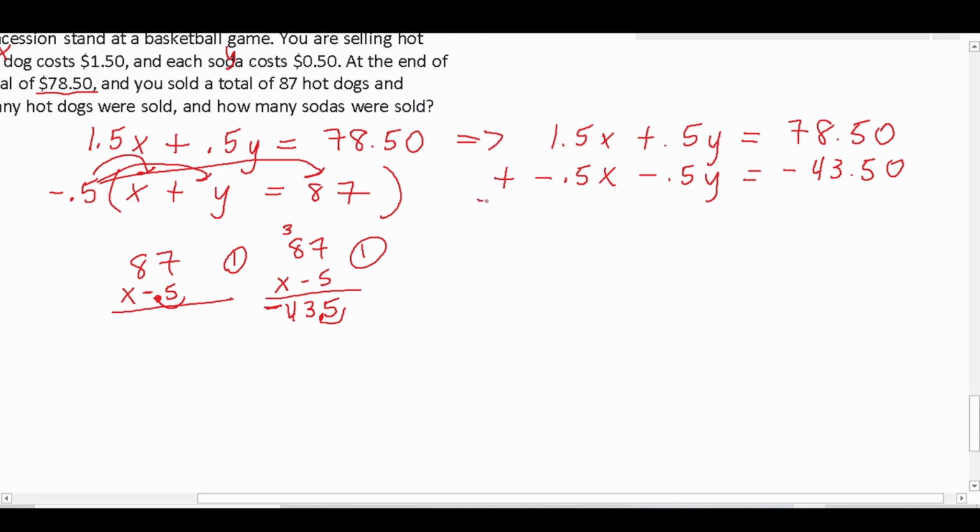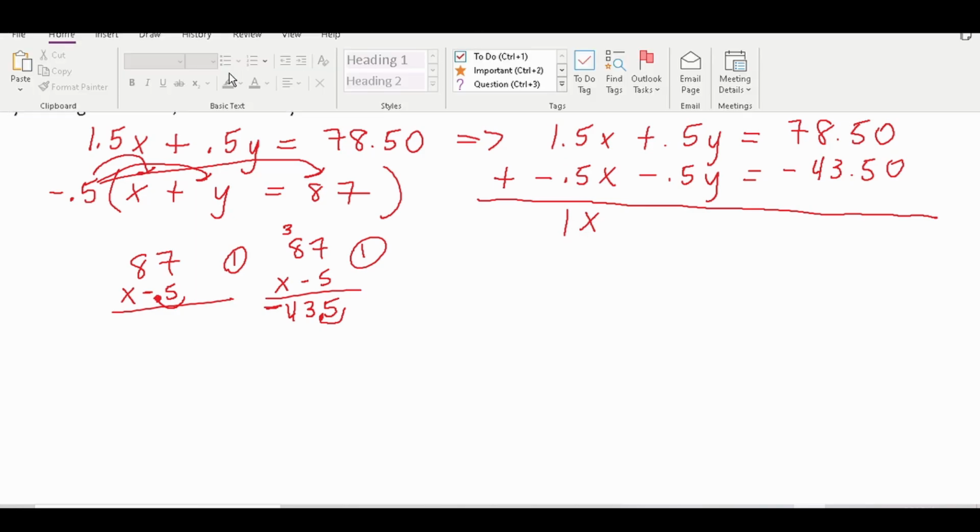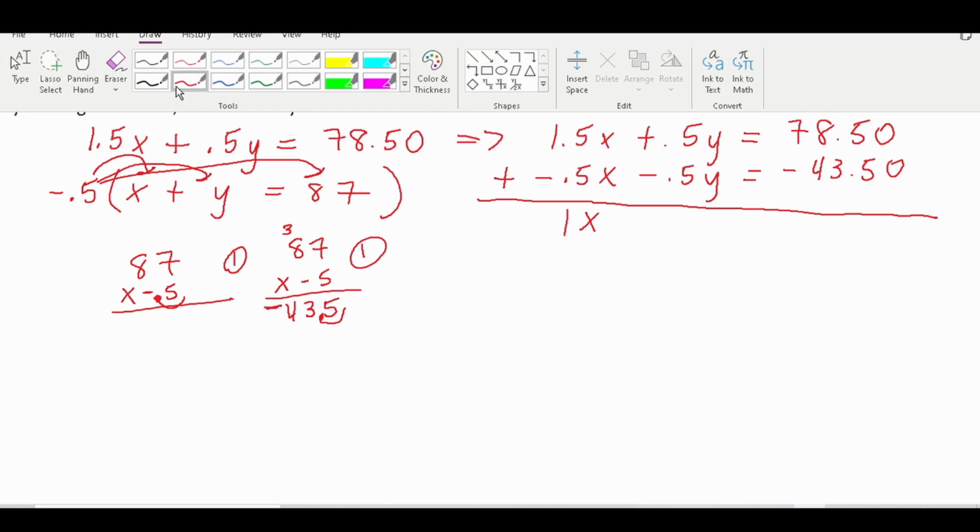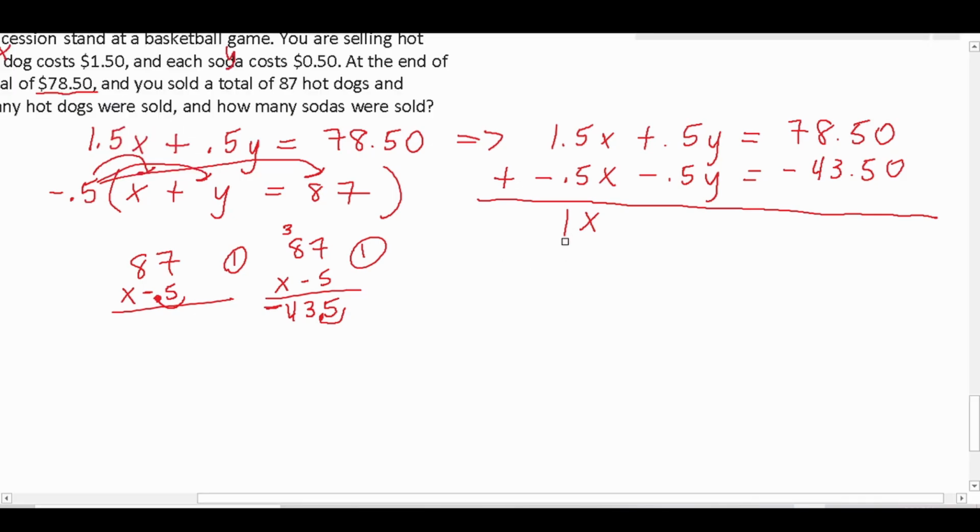Now we're going to add these two equations. This becomes negative 1.5x plus negative 0.5x. So this just becomes 1x. And in math, it's customary not to write 1 in front of variables. So this is just x.